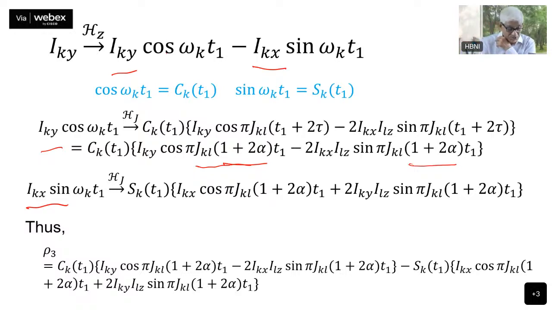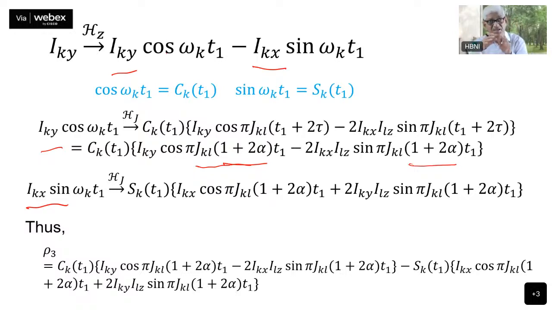Putting that together, rho 3 is equal to Ck T1 IkY cosine pi Jkl (1 plus 2 alpha) T1 minus 2 IkX IlZ sine pi Jkl (1 plus 2 alpha) T1 minus Sk T1 IkX cosine pi Jkl (1 plus 2 alpha) T1 plus 2 IkY IlZ sine pi Jkl T1.